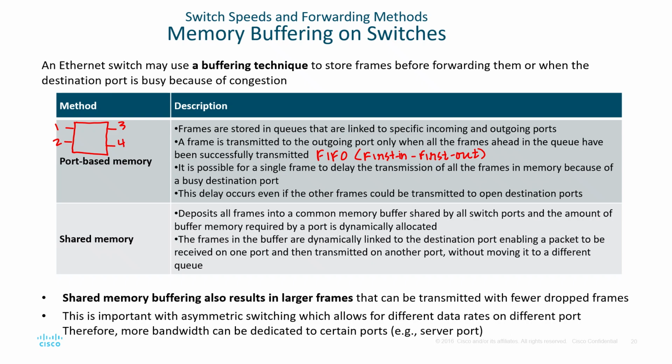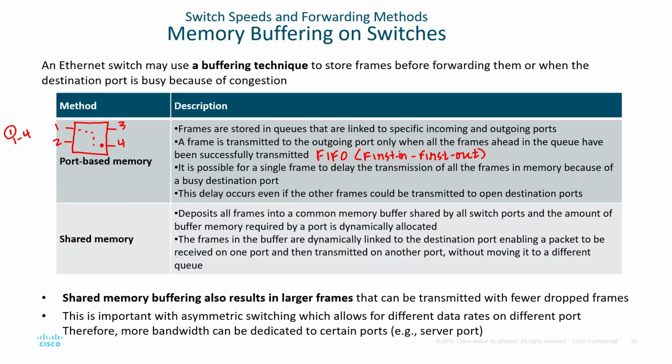Well, first conversation, port 1 wants to talk to port 4. So what they do is they create what is referred to as a virtual circuit, a connection in software, where port 1 lines up right at port 4.